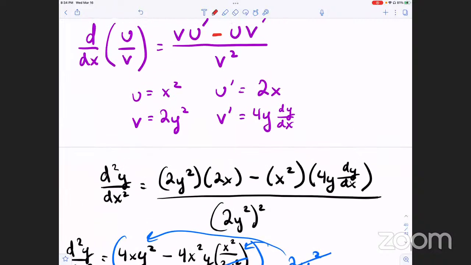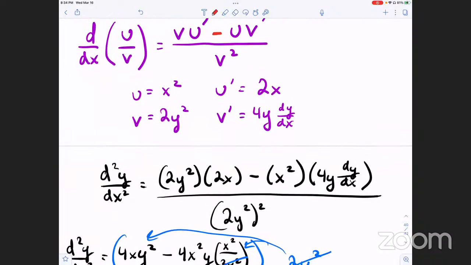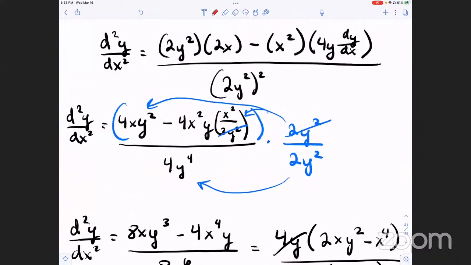So v, which is 2y squared, times u prime, which is 2x, minus u, which is x squared, times v prime, which is 4y dy by dx, over v squared, 2y squared squared. Okay? So I feel good about this line.